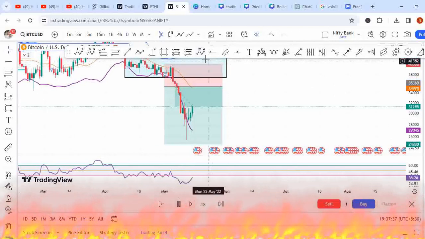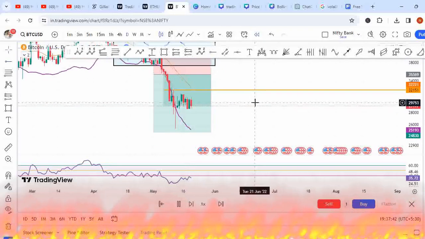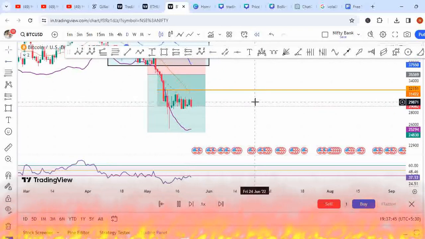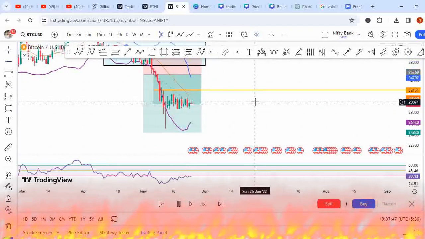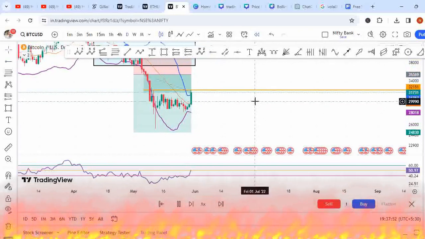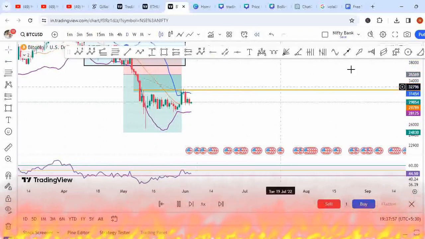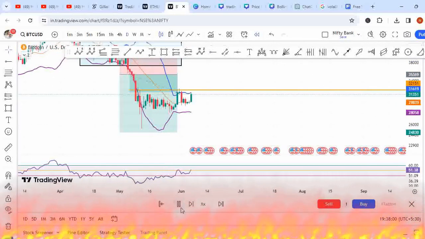Trail your stop loss here. Okay, you are out of the trade, but still you are in profit.